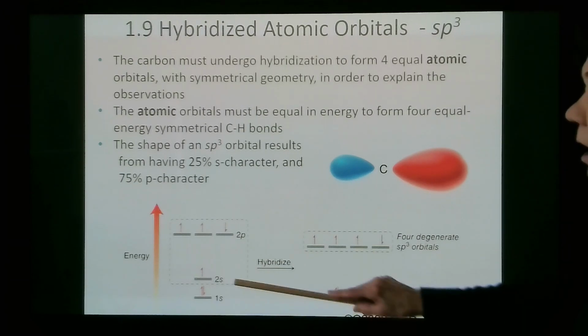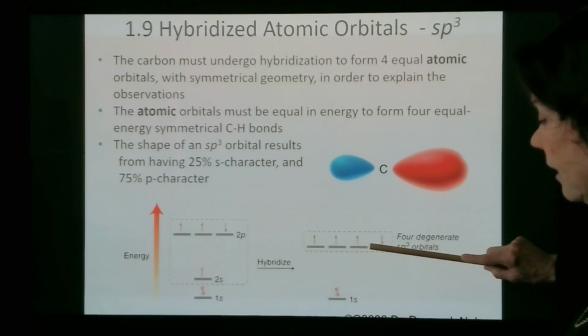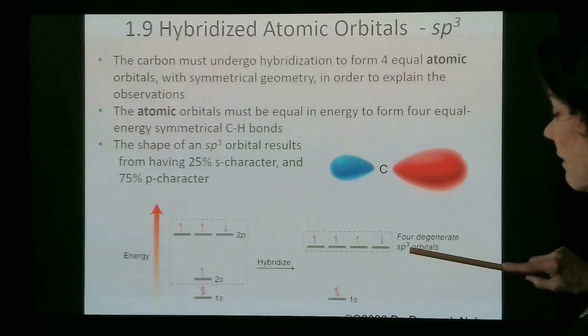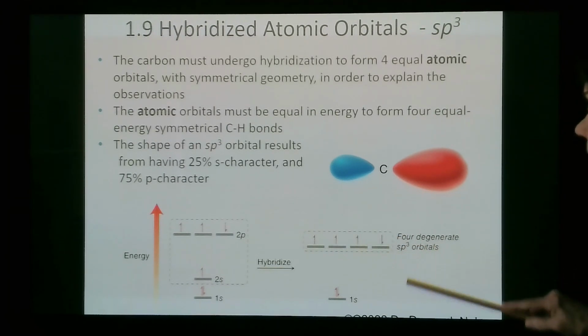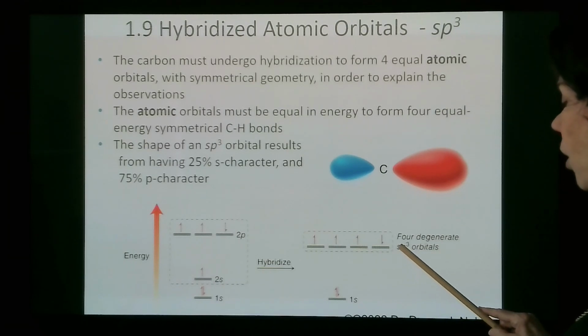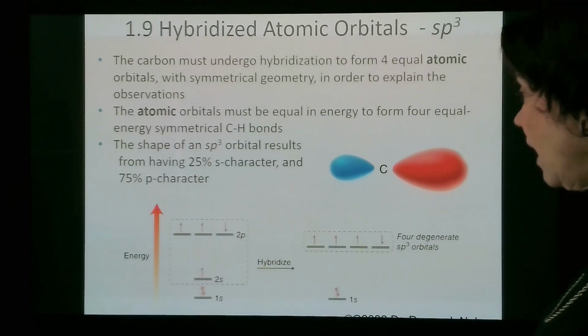So they do reflect the fact that they are derived from an s orbital and 3 p orbitals. They have that energy. So they are 1 part s and 3 parts p. You can think of them that way.